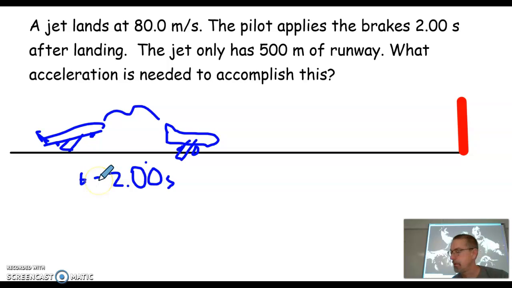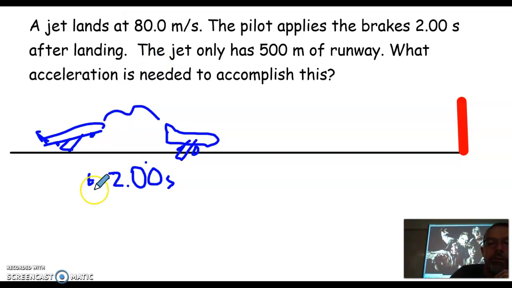Let's switch the stylus here. So our time here is 2 seconds, and our velocity during this time is what they described above, 80 meters per second.